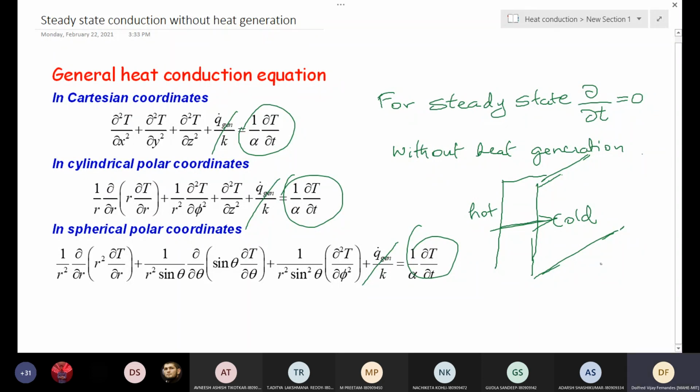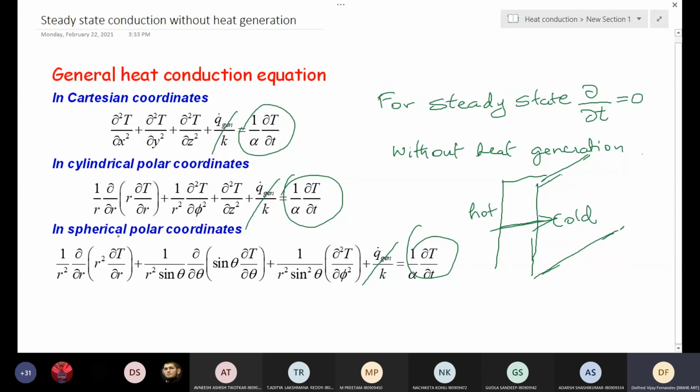The fluid temperature inside we can assume to be at a constant value, and there will be heat loss by convection from the pipe surface outside. In this case, the heat transfer is in the radial direction, but not along the axis of the pipe or in the theta or phi direction. So that is another way we can take up the 1D problem in cylindrical coordinates.